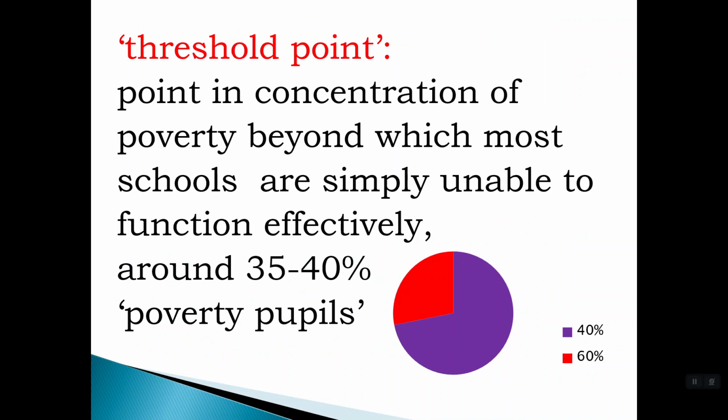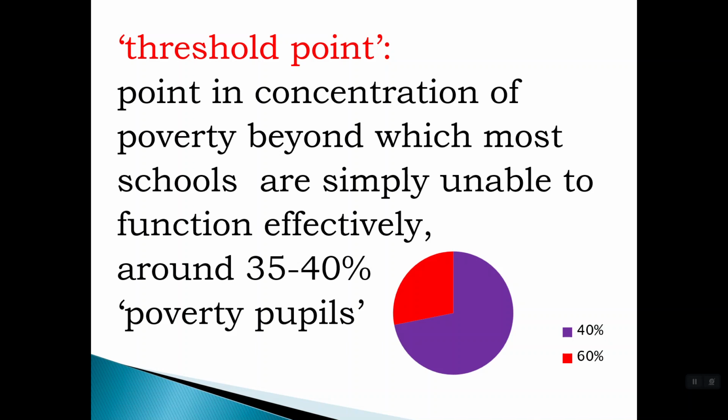So this merits the question then, at what point does the amount of poverty in a neighborhood or a school actually become an identifiable significant problem, something that seriously affects the school? Well, this brings us to something called the threshold point.